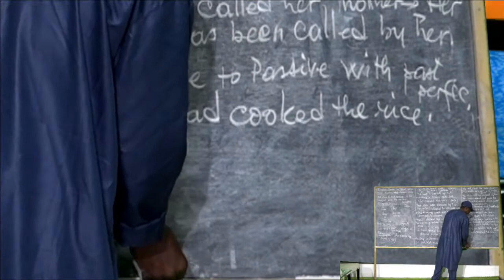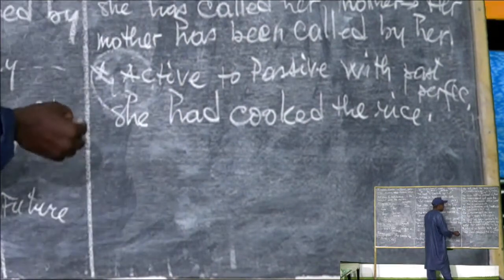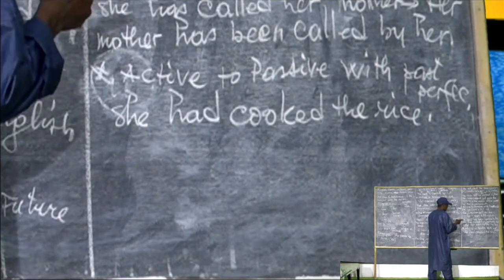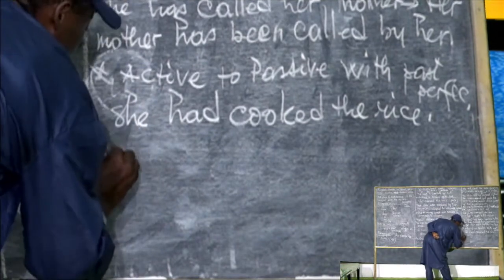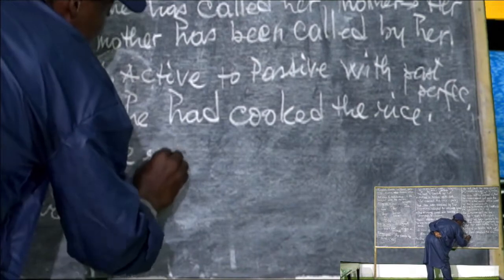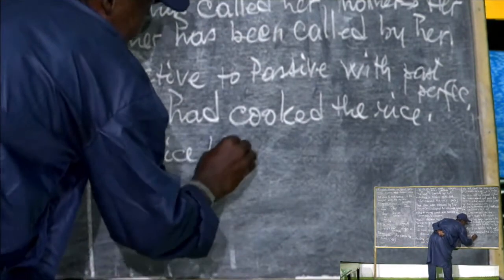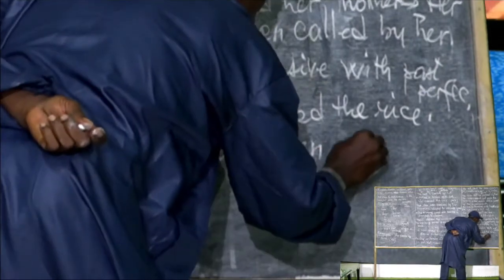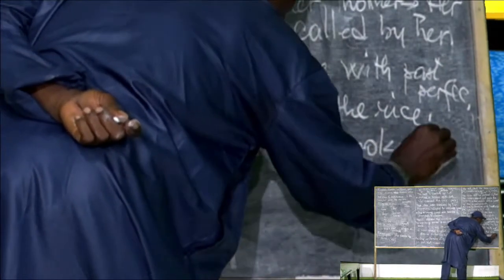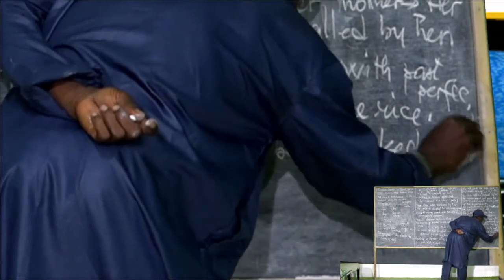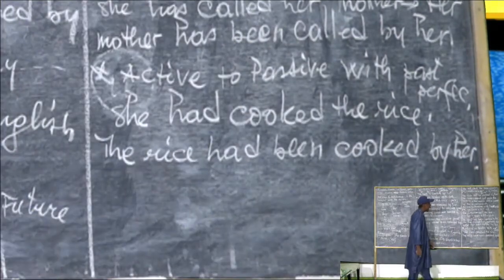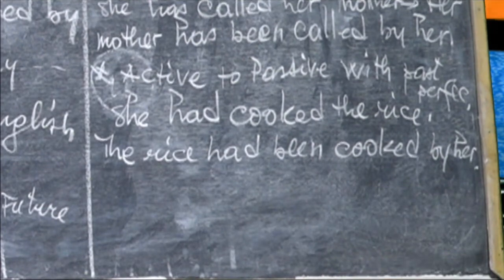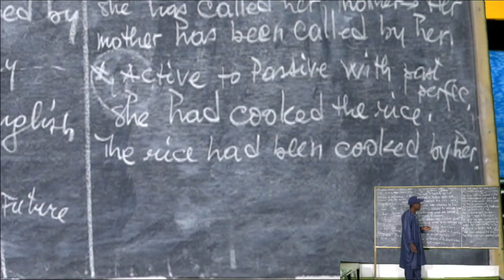Past perfect tense. We are always dealing with this verb to cook because it is a regular verb. The rice, passive now: the rice had been cooked by her.